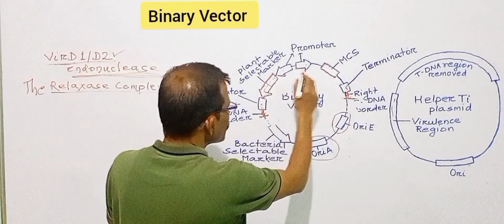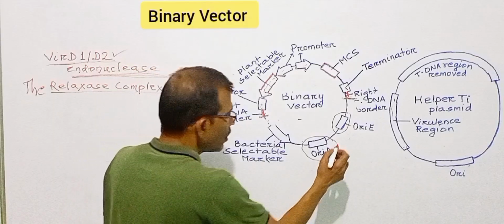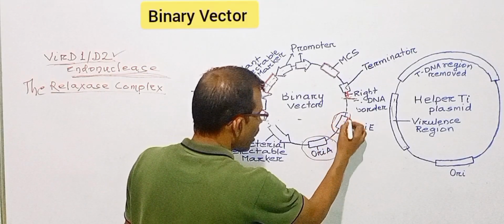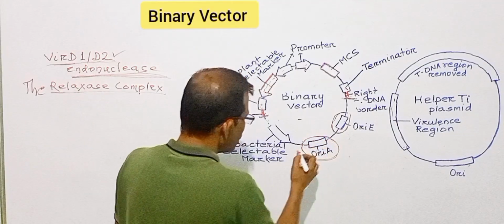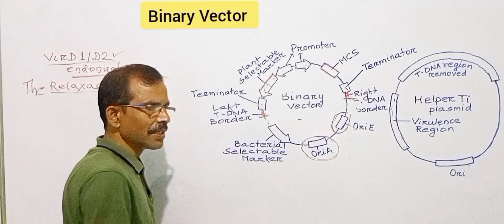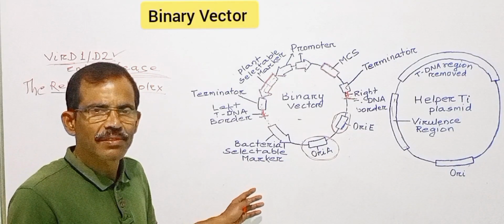In addition to these regions, the binary vector contains two replication origins, one for E. coli and the other for Agrobacterium. There is also a selectable marker gene for identification of transformed bacterial cells.